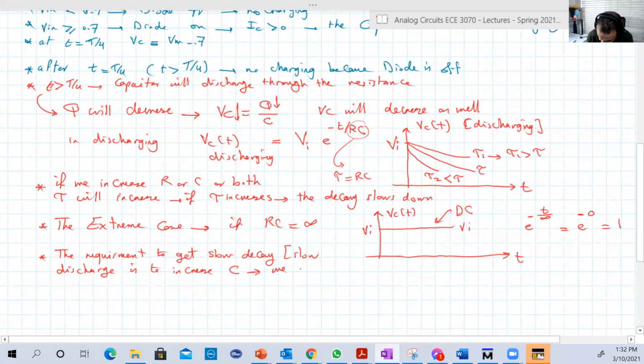Because we usually don't have control over the resistor or R. Good.